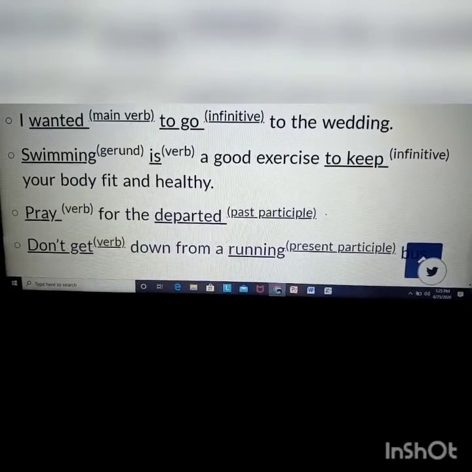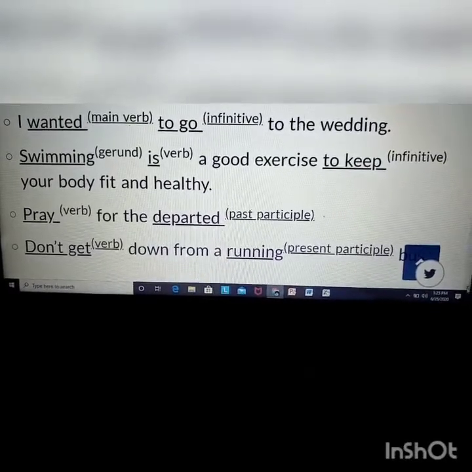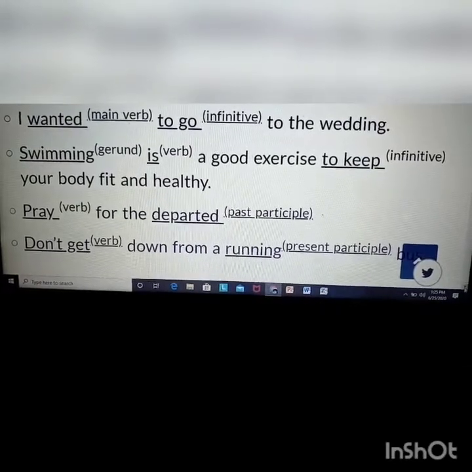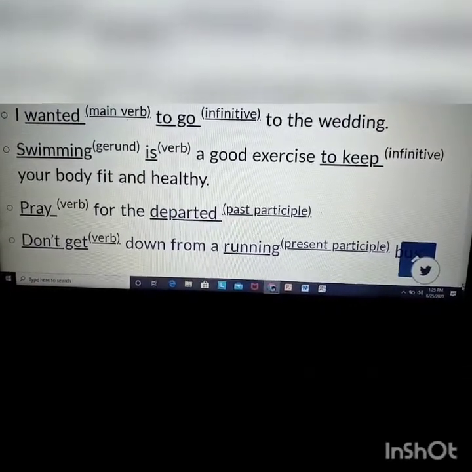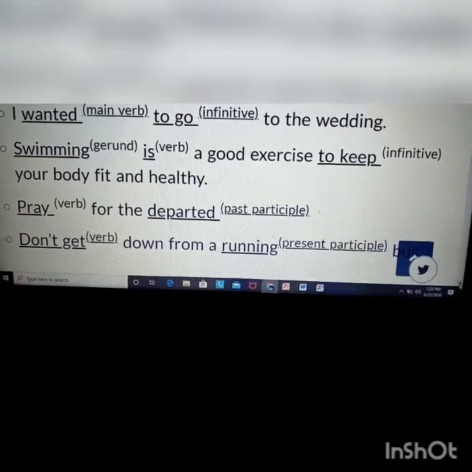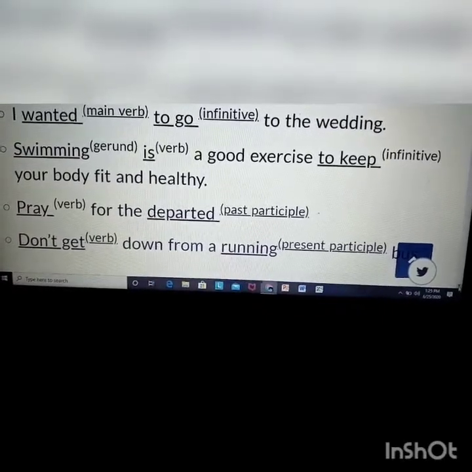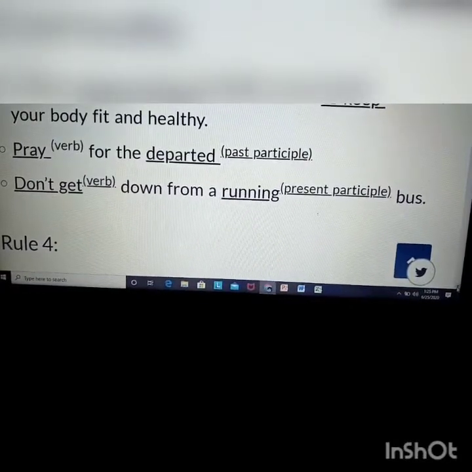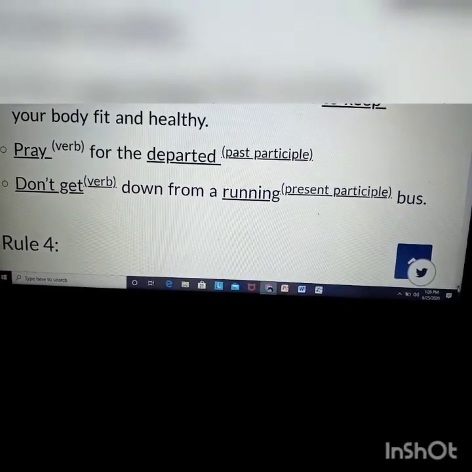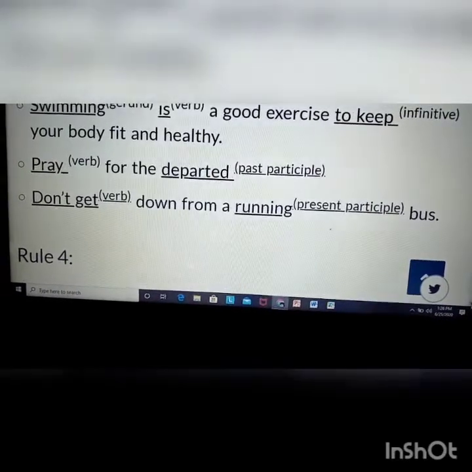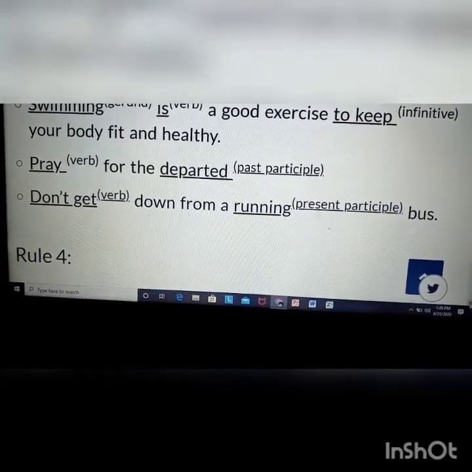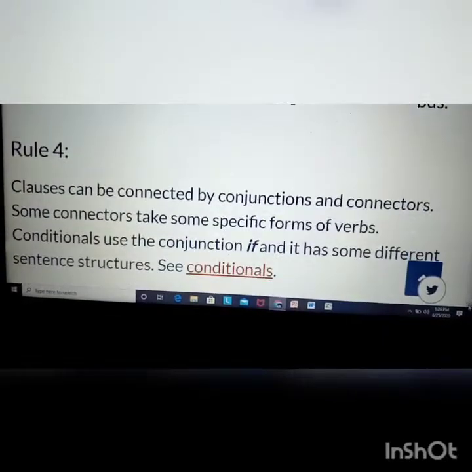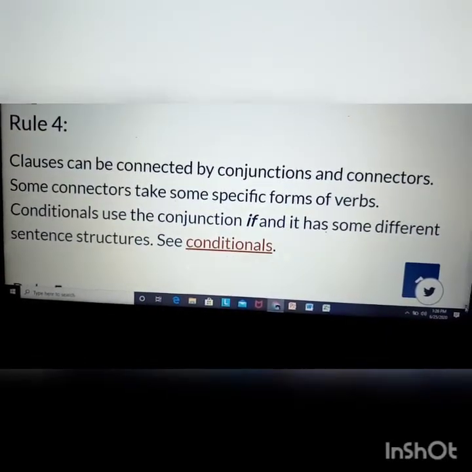Next example: swimming is good exercise to keep your body fit and healthy. Here is is the main verb, and to keep is an infinitive. Next, pray for the departed. Here pray is the main verb and departed is in past participle form. So all the verbs indicate the essence of the rule.